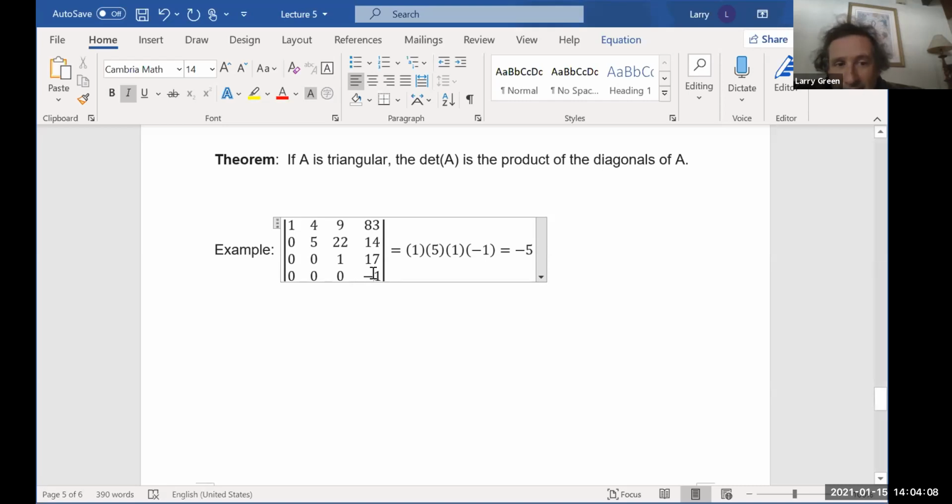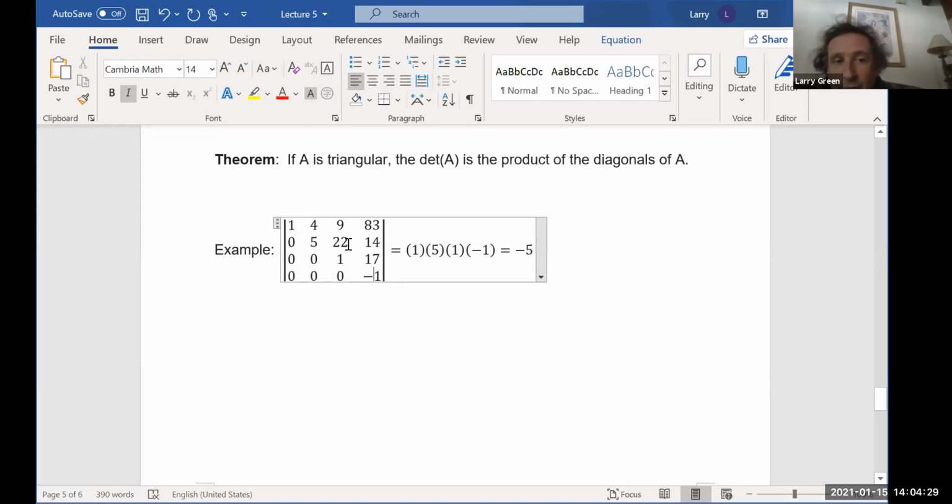So what you get is you just get this number, -1, times the determinant of this 3 by 3 matrix. Do you see that? Okay. And yeah, you got to multiply by 1, but multiply by 1 doesn't do anything.